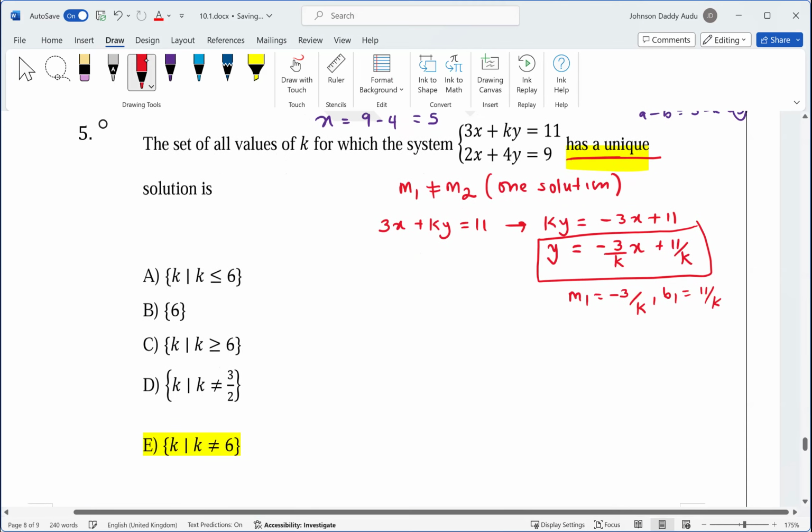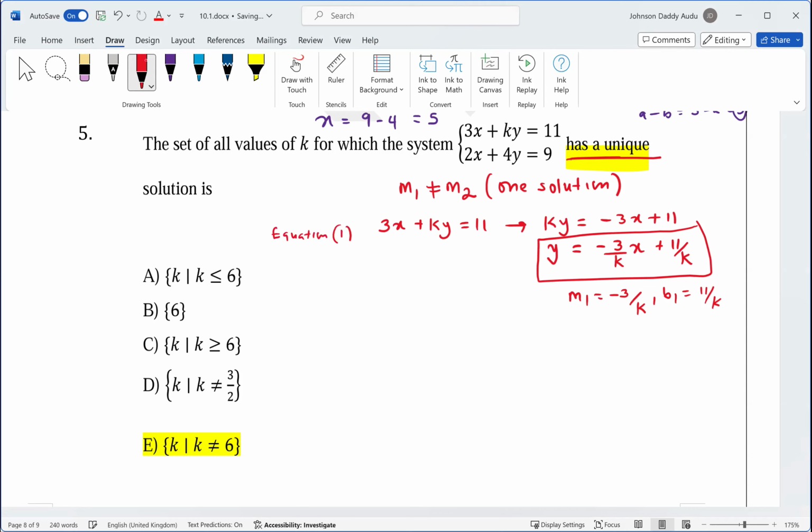All right. Then you go to equation 2. What is equation 2? You have 2x plus 4y equals 9. And what is the meaning of this? This means that we can solve for y. y is going to be minus 2x plus 9.